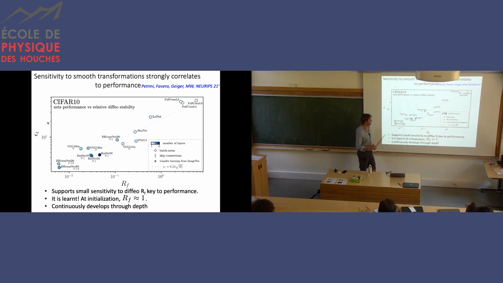You would still find a correlation, but it's much better if you use this one. And to us it made more sense to have something that doesn't have any dimension. You compare how I vary in an interesting direction versus how I vary with respect to a random direction.